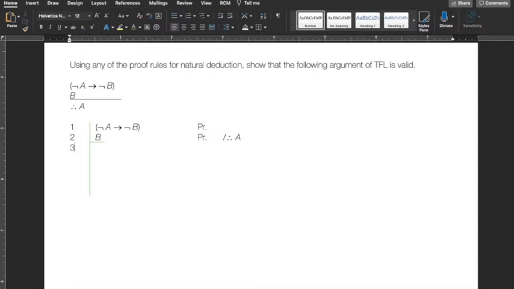And we have a rule that would allow us to get not B. If we assume not B for negation introduction, we can use that to add an additional negation.